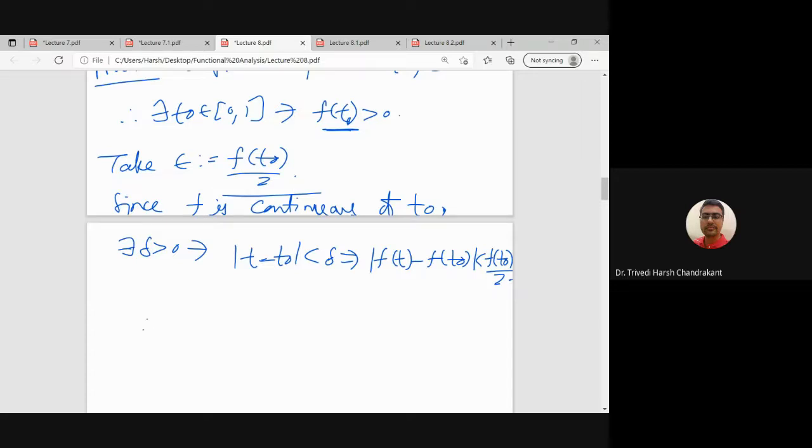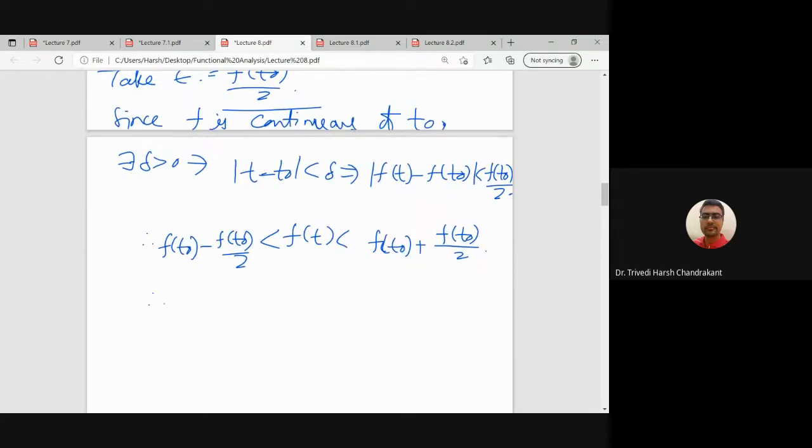Yeah, so this gives us the value of f(t) is between f(t naught) minus f(t naught) by 2 and f(t naught) plus f(t naught) by 2.